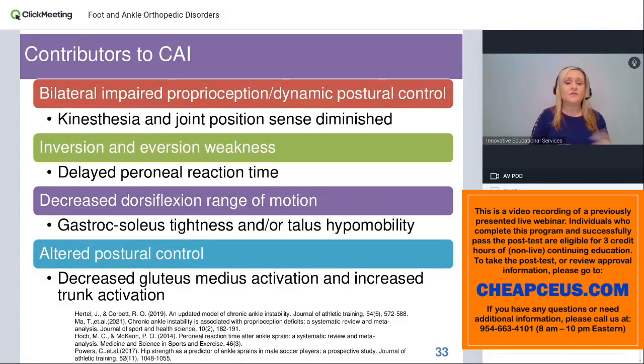So, contributors that they're finding, as I mentioned, is that lack of proprioception and kinesthesia, inversion, and eversion. It's weakness, and it's weakness to the point where those peroneals are not reacting when they should. How do we see that evidence? When you're assessing balance, you're assessing single limb stance in this individual, or just looking at a gait analysis, look at timing and reaction time.